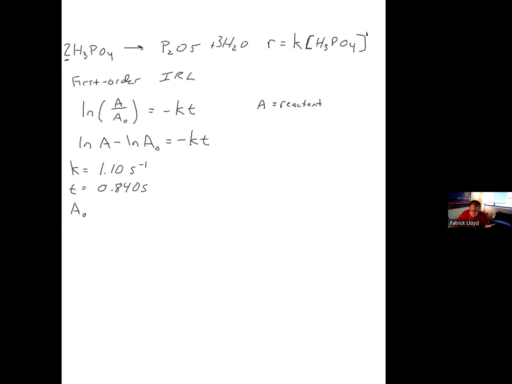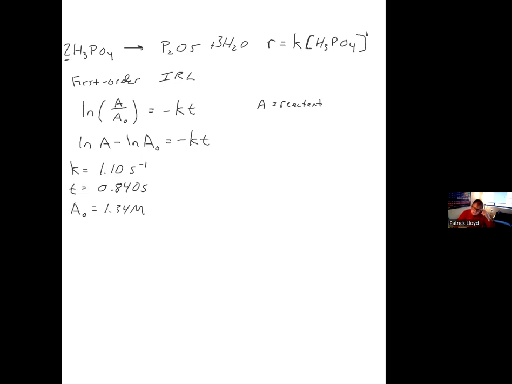Remember the little 0 means initial, so I'm just writing A0. I'm not using the bracket notation. A is the reactant, in this case H3PO4. The 0 means initial. And that initial concentration is 1.34 molar.